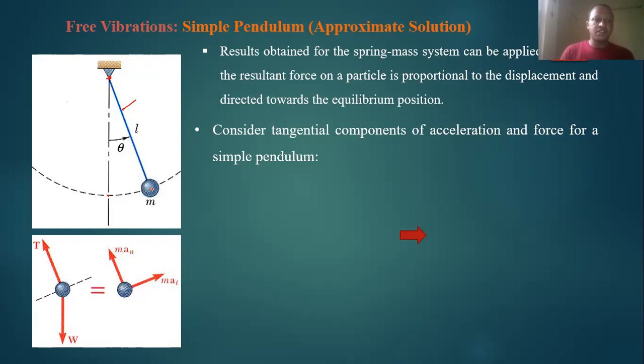Then it will come back. At the point where it passes the lowest point, there is only tangential velocity, or kinetic energy, but no potential energy because delta h is zero. So it obeys the conservation of energy principle.